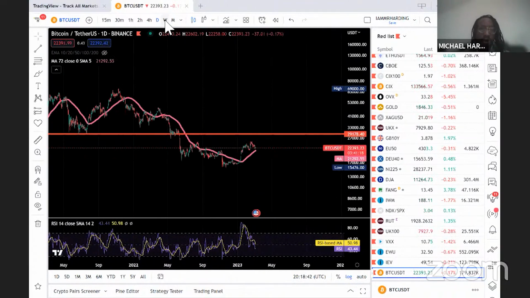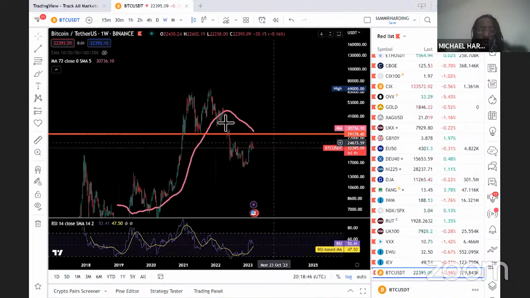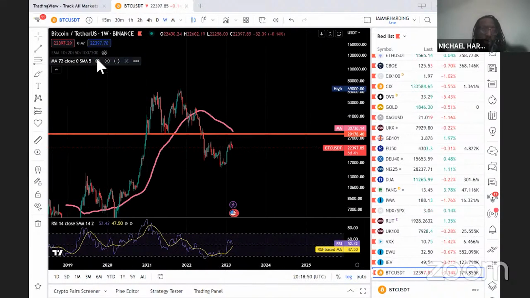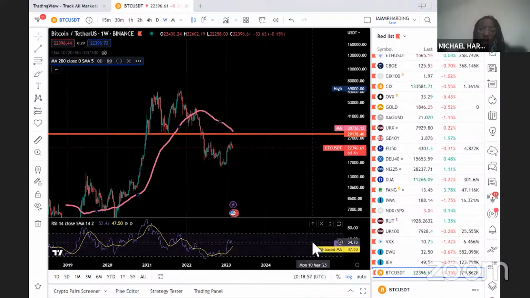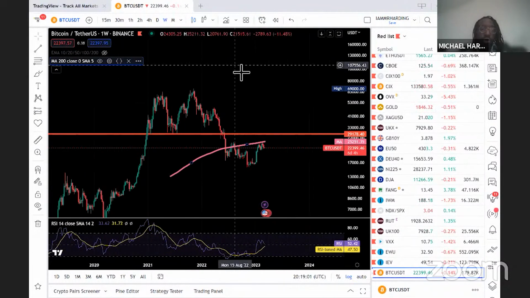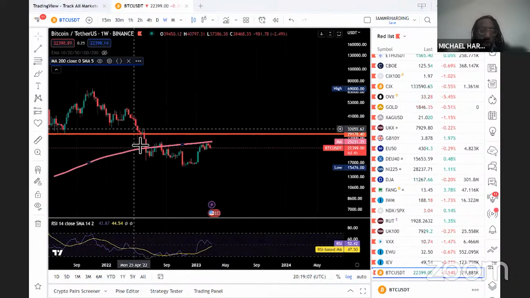This is where we would check the weekly. And again, we're below it on the weekly. And now what we would do is we would change that to the 200. So I'm going to change it back to the 200. I personally know that some people use the 72, but I prefer the 200 just because that's what everyday normal people are using. That's what retail traders are using.